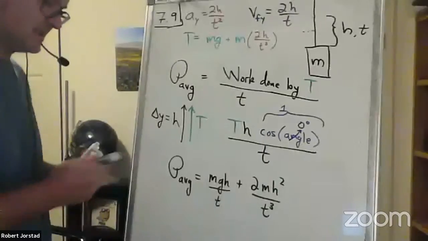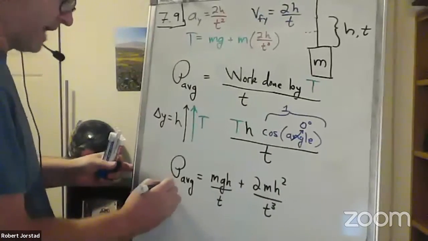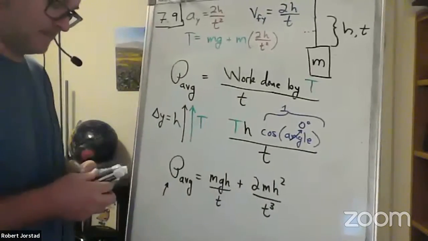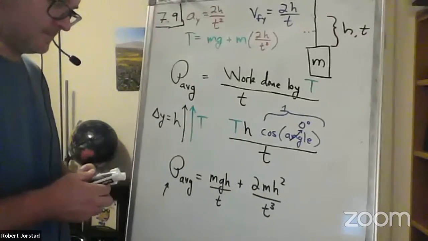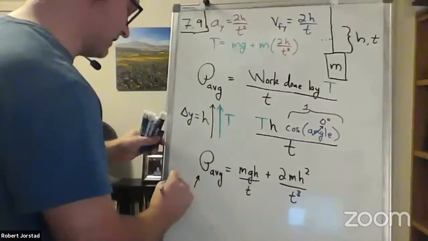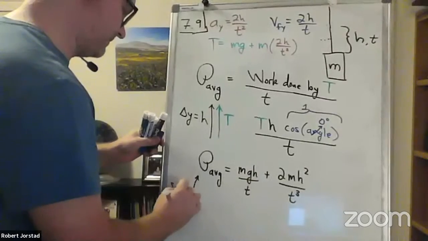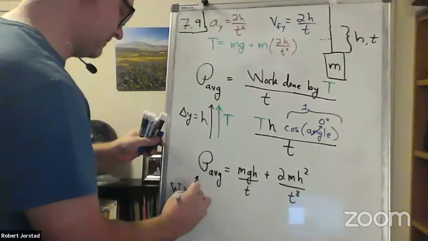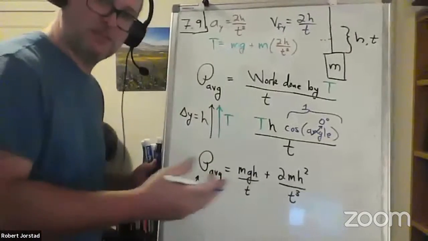So in this case, what are the units of power? Watts? Yes, watt. So what's another name for a watt? Is it joules per meter? Joules per, remember, it's energy per unit time.